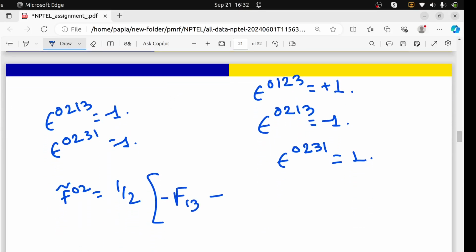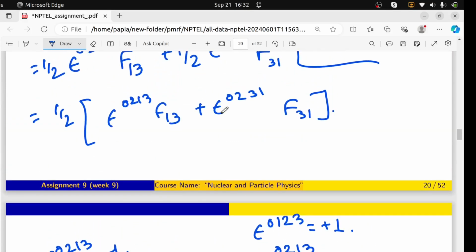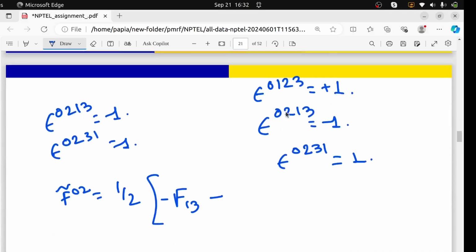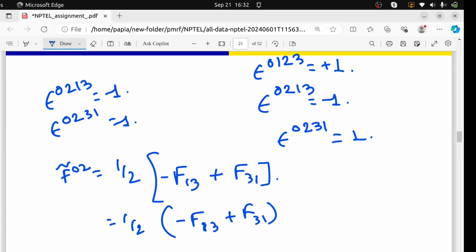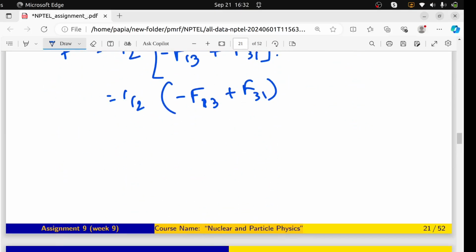Then minus, why minus? Because 0 to 3, 1 is plus, so f3, 1. So the answer will be minus f1, 3 plus f3, 1. Now what is the value of f1, 3 and f3, 1? If alpha, beta, whatever it is, it is antisymmetric.